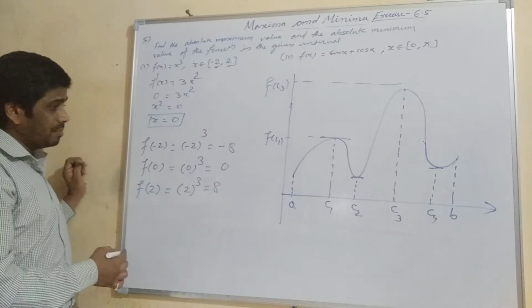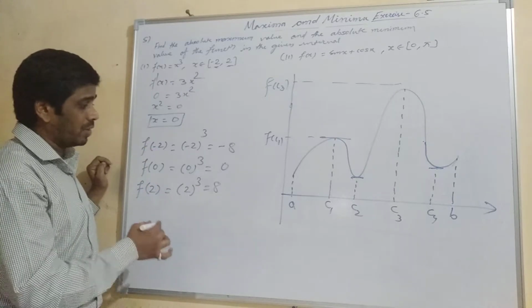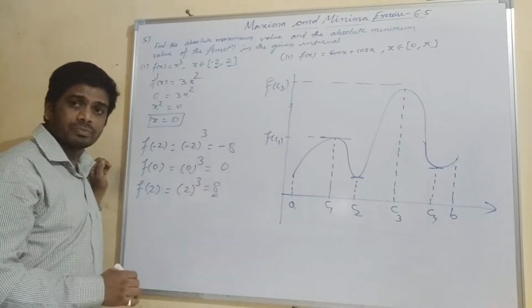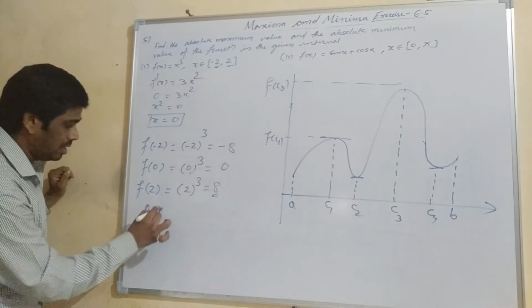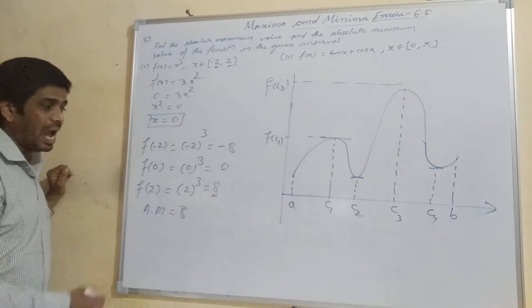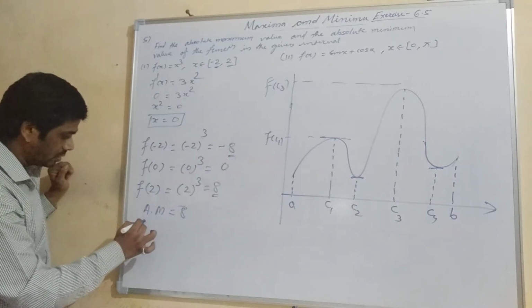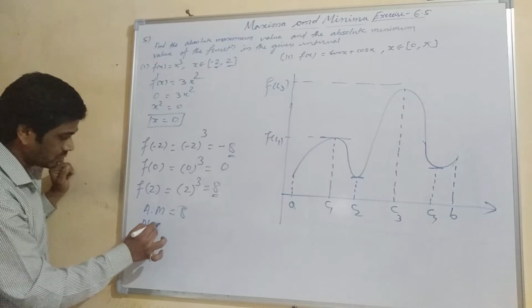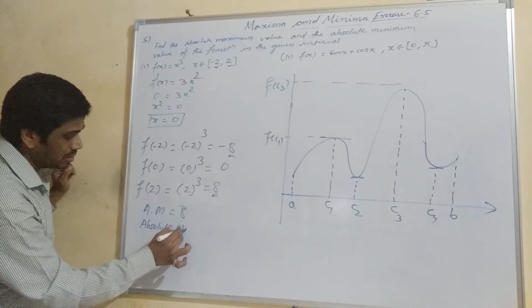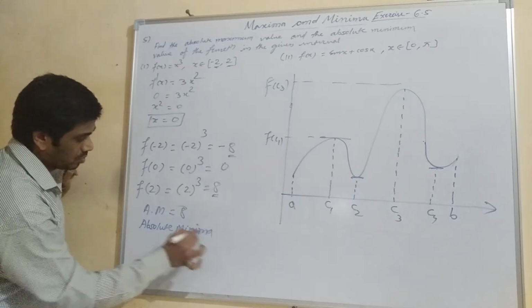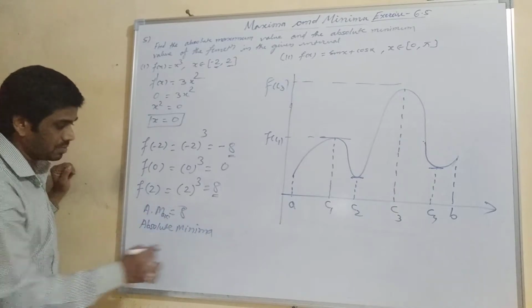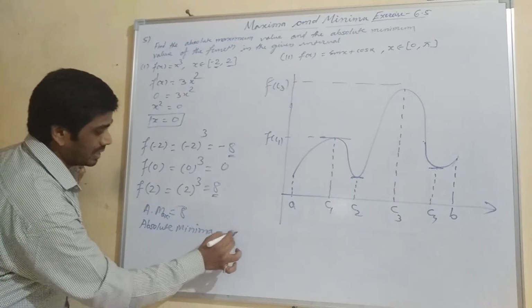So the absolute maxima will be 8, and the absolute minima will be -8.